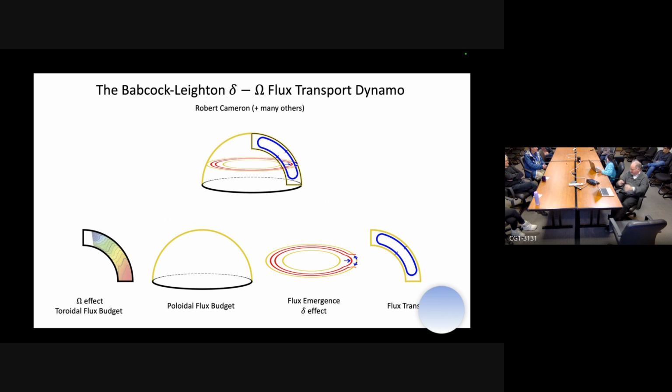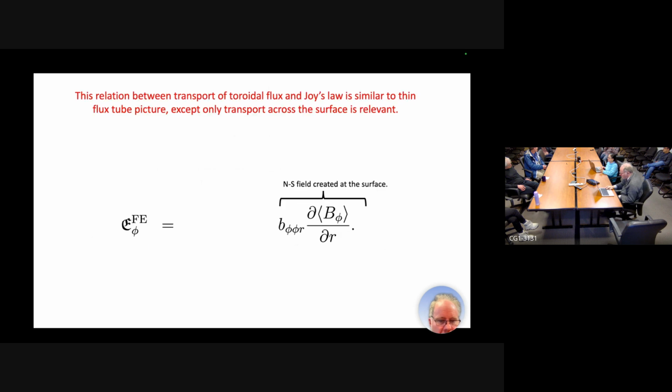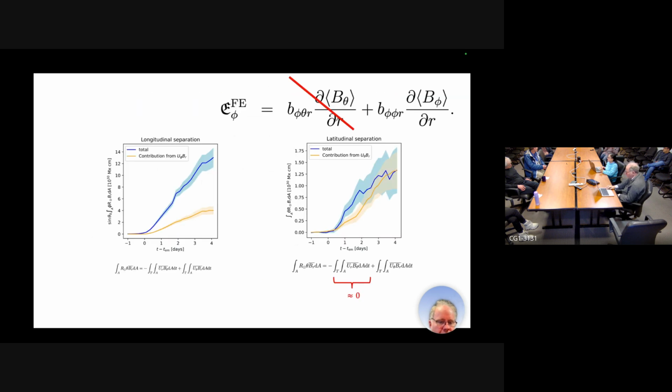I have one, or maybe two. So maybe I didn't understand you properly. When you talk about the latitudinal separation and being dominated from surface motions, are you saying that they act before the emergence happens, or does it emerge and then happen?